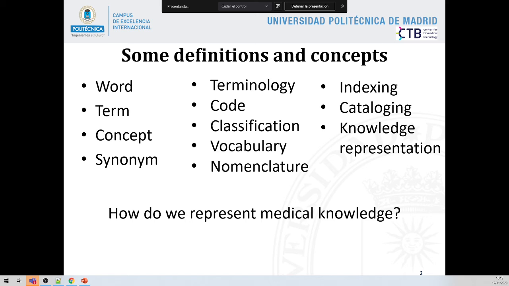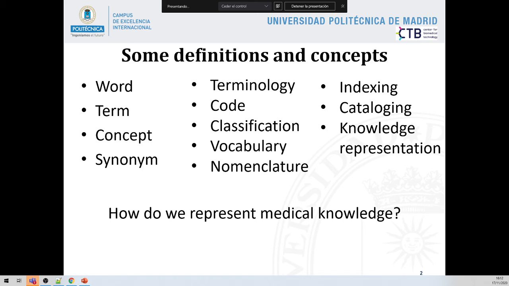This is a really complex problem, for several reasons. One of them is that we have a lot of kinds of concepts to represent when we refer to medical knowledge. Those concepts can be simple or complex and can be related among them. Also, the concepts can have units.